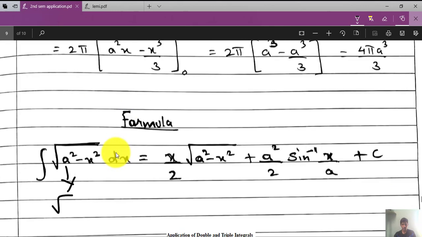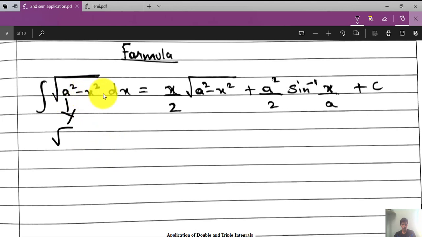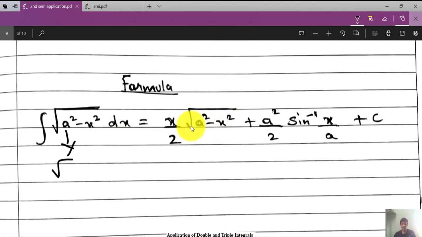The formula for square root of a square minus x square dx is x by 2 square root of a square minus x square plus a square divided by 2 sine inverse of x by a plus c.